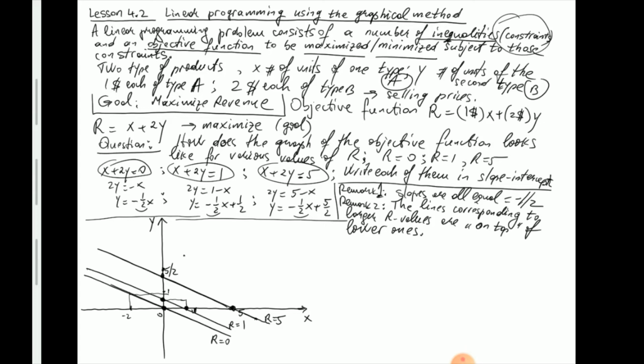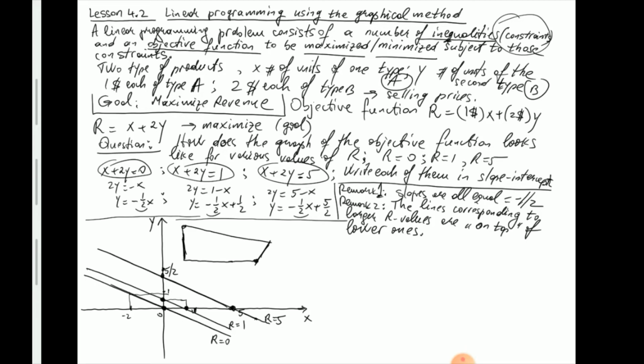I want to have x equals 3, so it may be further up here, like that. And then I want to go to the right all the way up to 6, actually. So right now I'm sketching a possible feasible region that can come up from those inequalities.